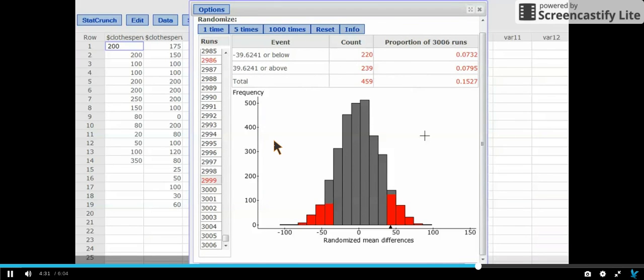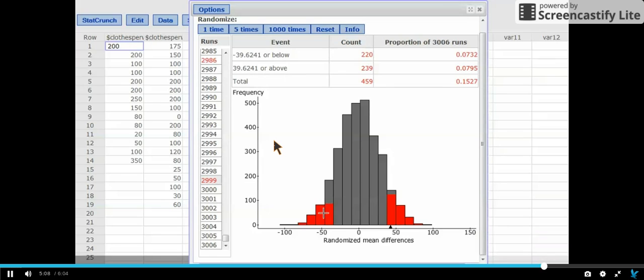Okay, now what's important here is the red area in the histogram and the numbers at the top above the histogram. So of our 3,006 resamples, 220 were where the difference was below negative 39.624, and 239 the difference was above positive 39.624, for a total of 459, or approximately 15.3% of the resamples.